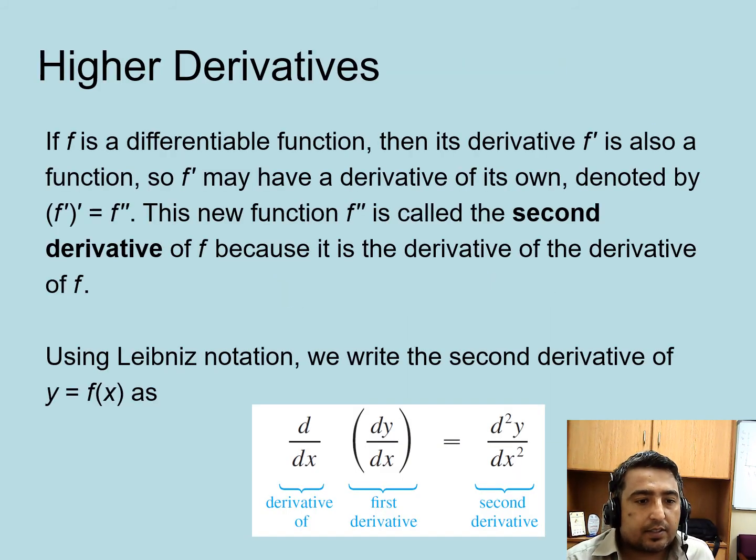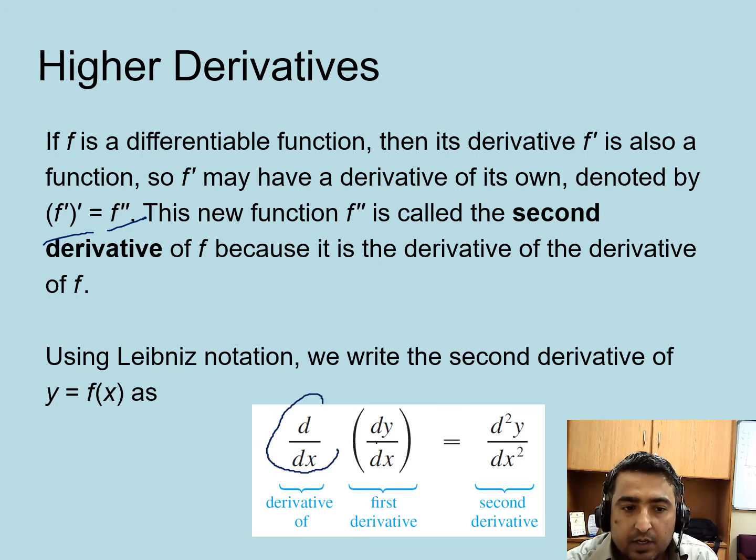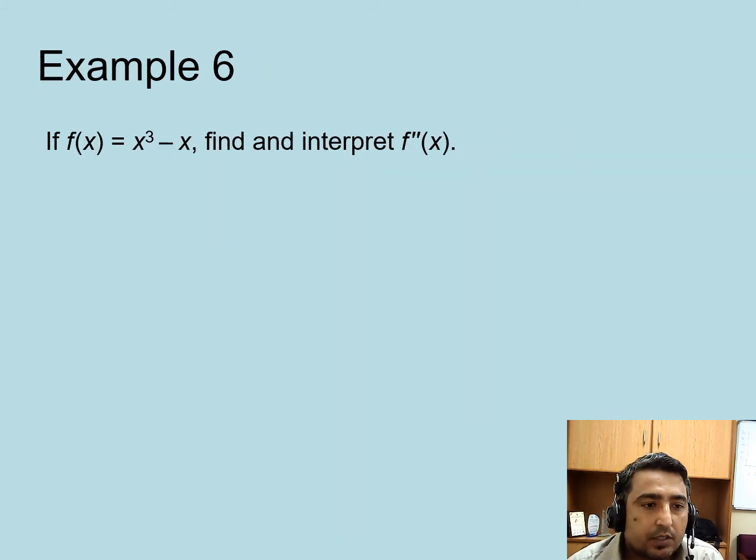And next is higher derivatives. So if you compute the first derivative, then the second derivative, then the third derivative on the result, and the fourth derivative on that result. These are the notations: f prime, f double prime, f triple prime, or d over dx and another d over dx on this one, or d squared y over dx squared is another notation.